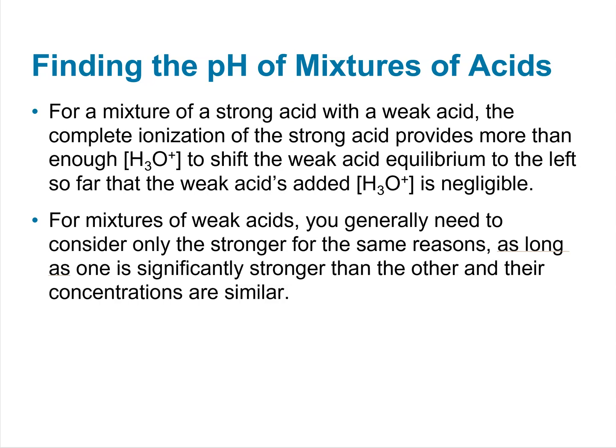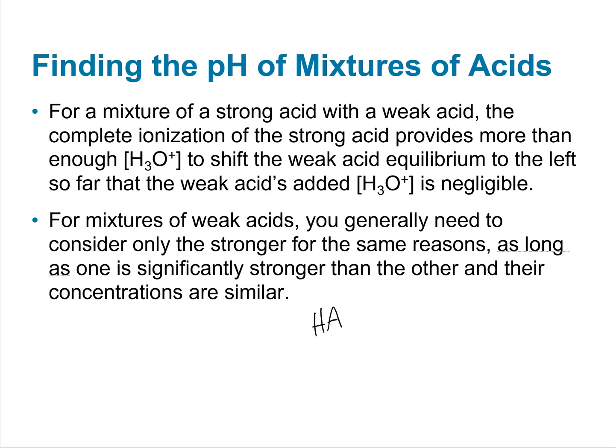And this brings up a very interesting point, which we're going to talk about more when we discuss buffers. But remember when I said at the beginning of the last lecture that acidity and basicity are relative to one another? Well, this is a really good example, because let's say we have a weak acid HA.